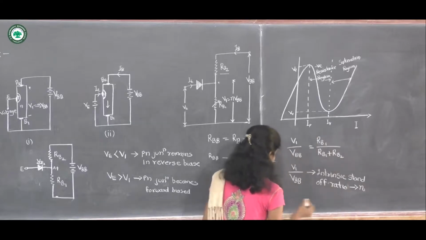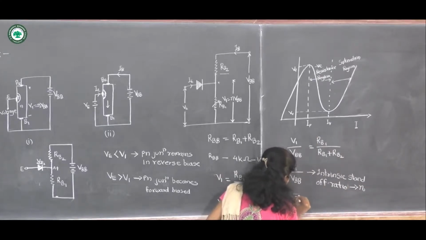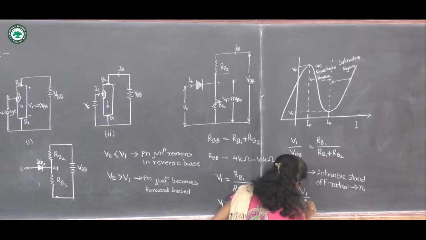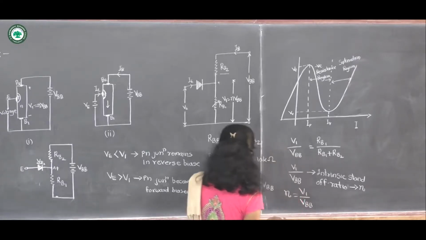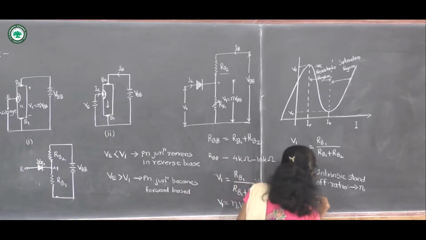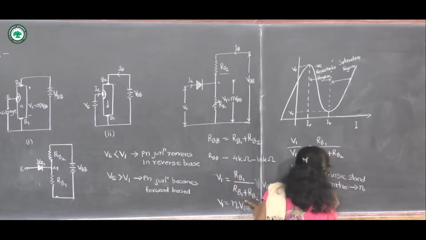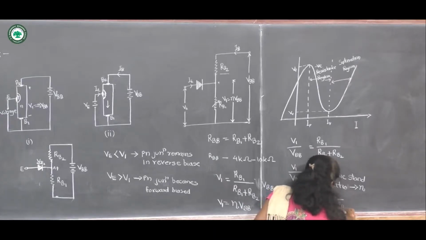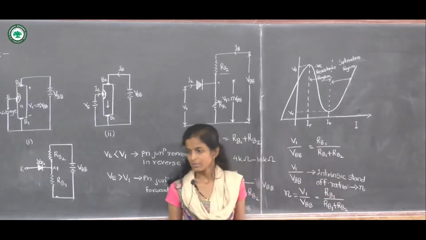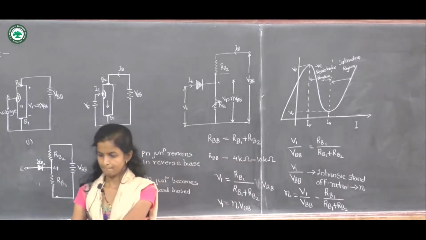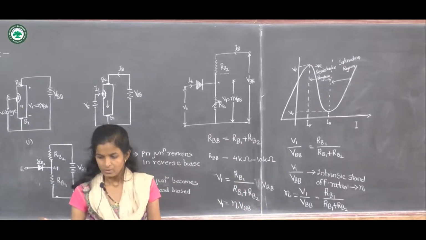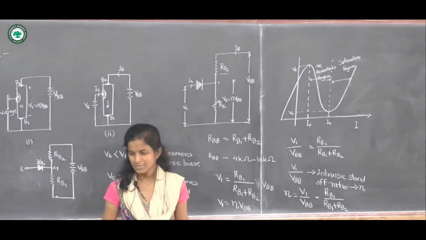So eta may be written as eta equal to V1 by VBB, or again from this equation it is equal to RB1 upon RB1 plus RB2. So this is all about the intrinsic standoff ratio.